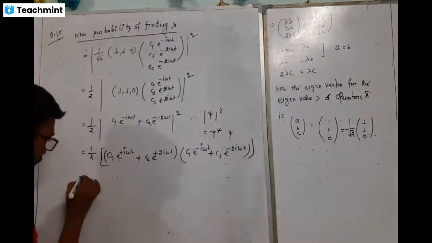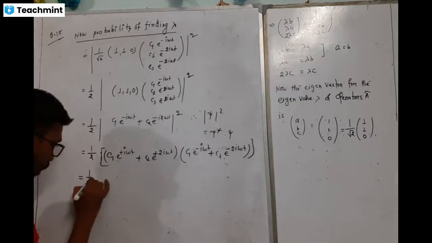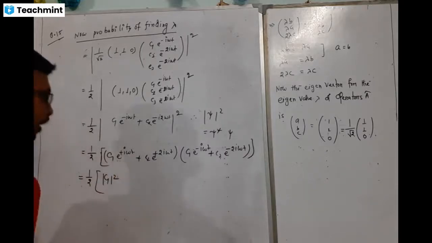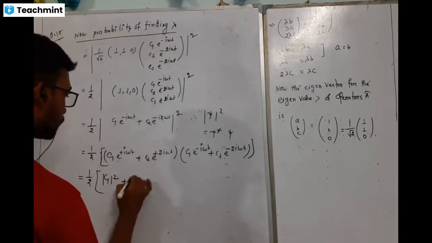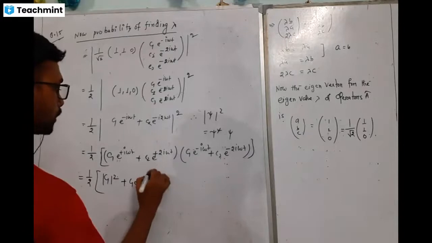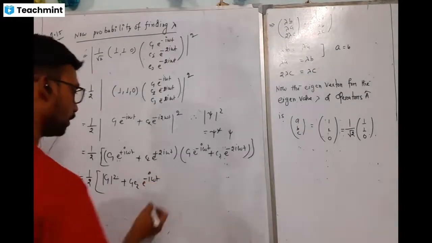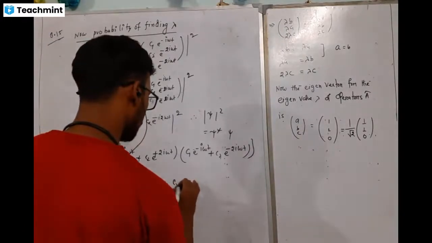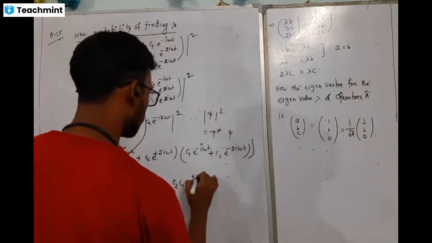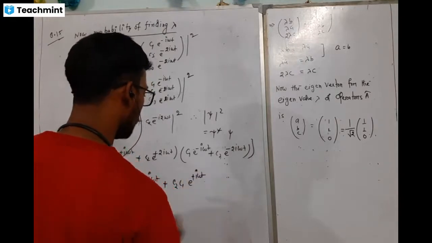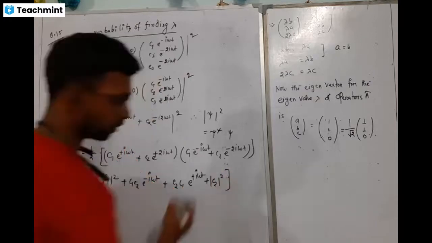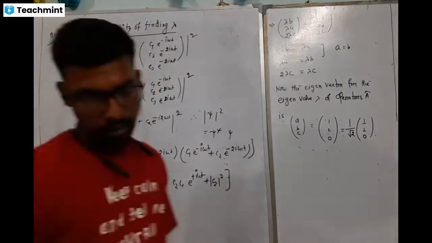So it equals half of mod C1 square plus C1 C2 e to the power minus i omega t plus C2 C1 e to the power plus i omega t plus mod C2 square.